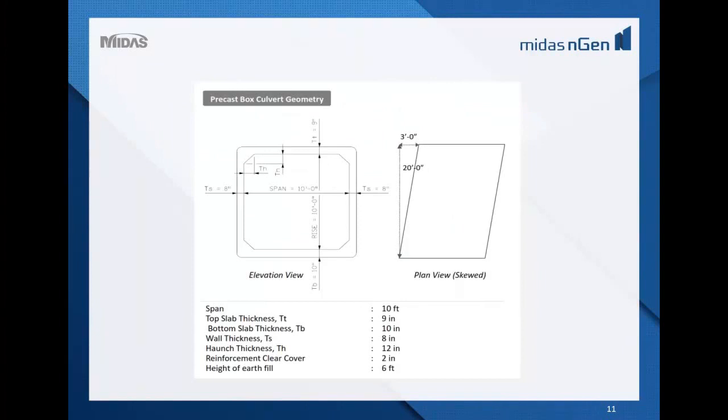So today we have seen how a box culvert can also be created in MIDAS nGen. And the chamfers, as you can see over here, can be incorporated with the help of inclined plates, or you can also have line elements in this particular shape, passing from this end to the other end for all these 4 locations.